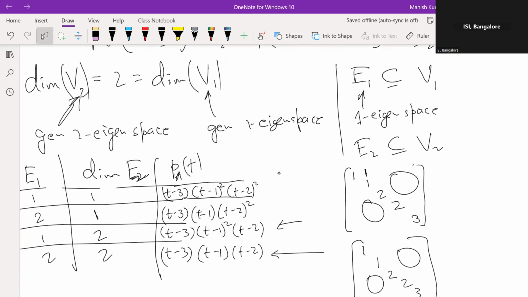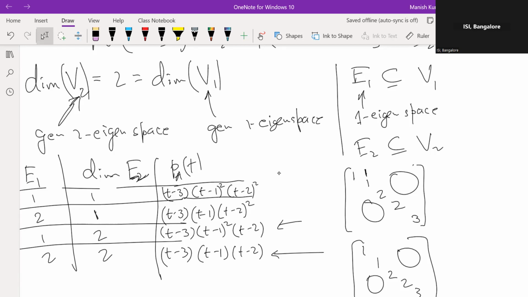If you apply A minus I to it, it will not become 0. But when you apply A minus I whole square to it, it will become 0.